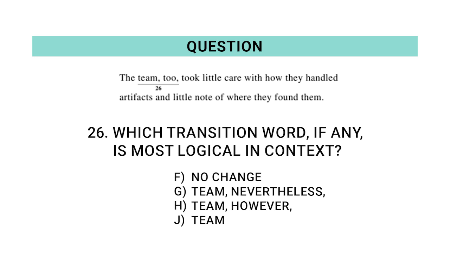And the transition word "however" also suggests that the information in the previous sentence conflicts with the current sentence. But the current sentence just explains what the previous sentence was talking about. There's no conflicting information, and there's no mention of another team of divers. So, answer choice J, which has no transition word, must be correct.